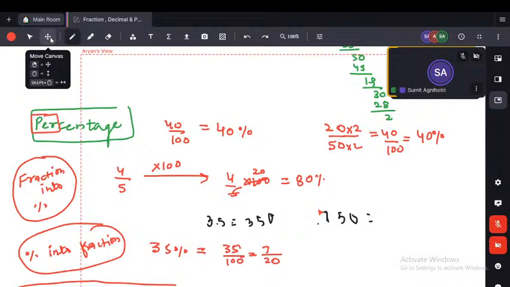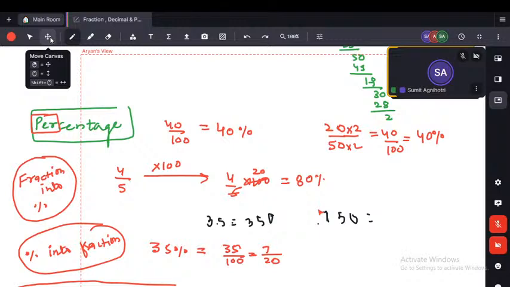Well done. Okay, that's good. It's going to be very helpful if you remember these fractions and their percentages.